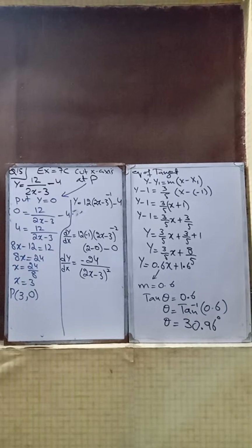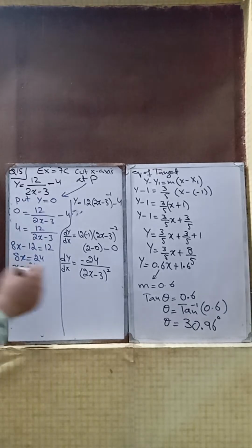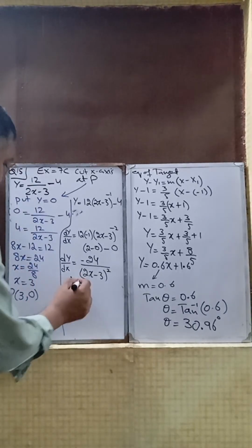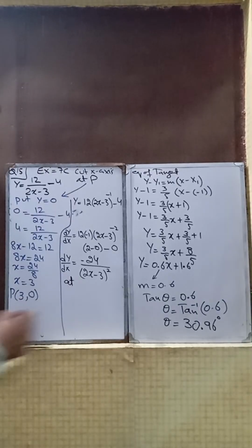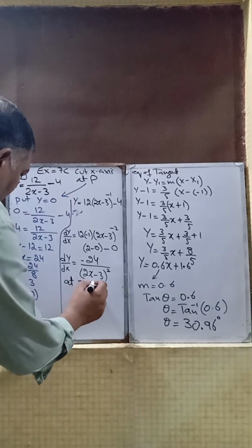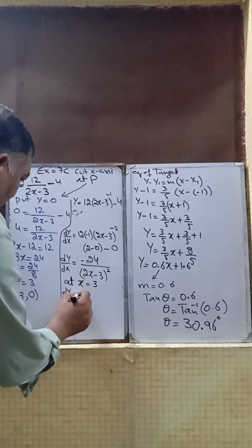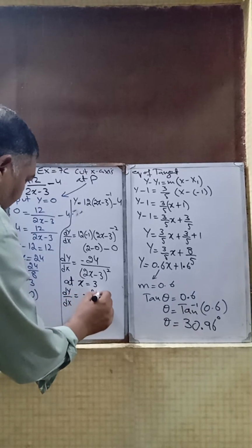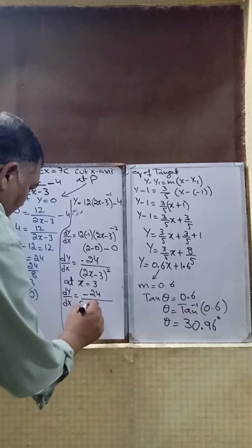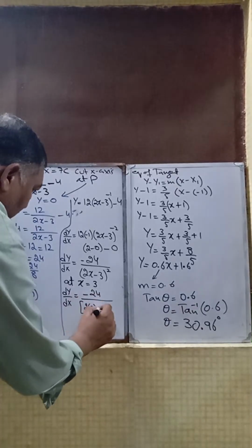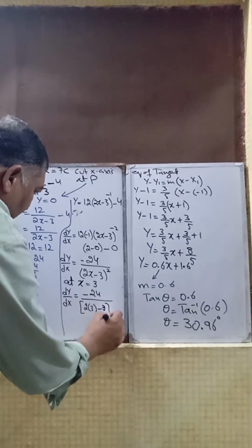Okay, let's check if this is right. It's perfect. So at P, at x equals 3, dy by dx will become minus 24 divided by 2 into 3 minus 3, and its square.